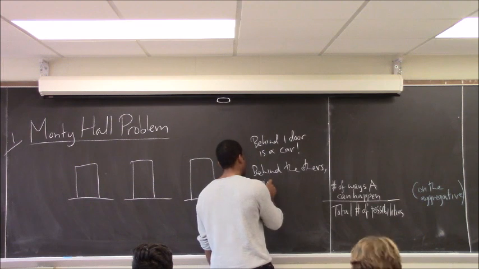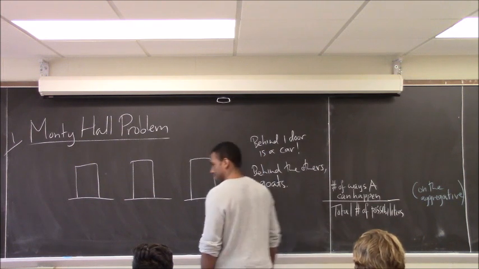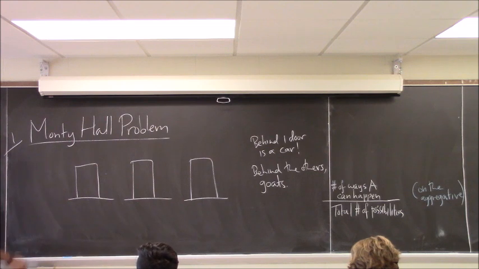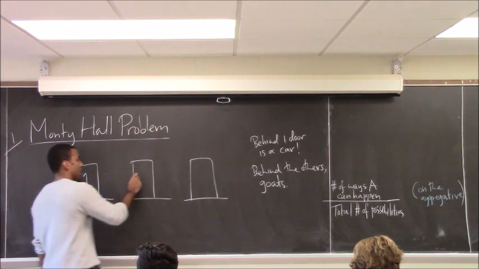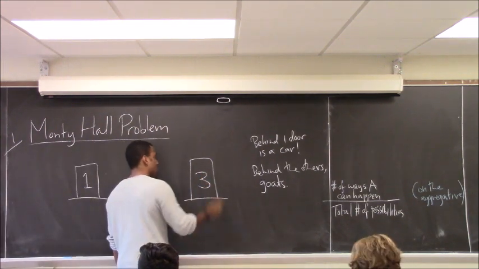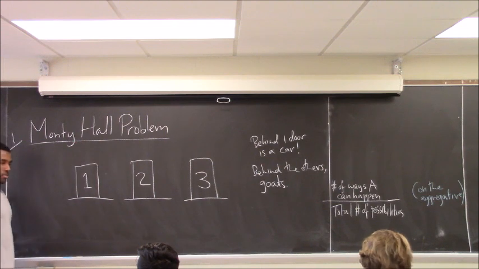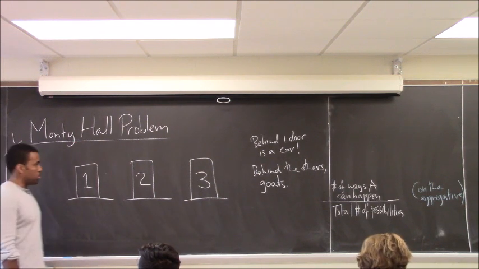Traditionally, goats, at least in the original version. So there's a car behind one of these doors, and behind the other 2 doors, there are goats. So you're a contestant on this game show. Monty Hall is the host of the game show.